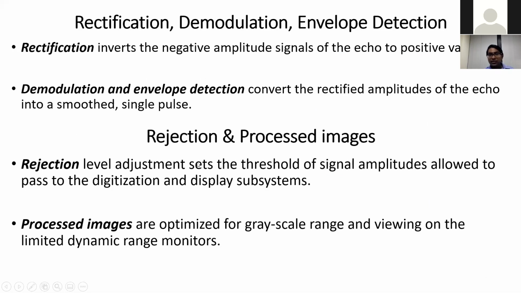Rejection is a process in which we reject signals which are very small and probably are noise coming from the ADC or any other electronic noise that's being generated. And so there are adjustments in which you can reject some very low amplitude signals. And processed images are optimized for grayscale range and viewing on the limited dynamic range monitors that we have.